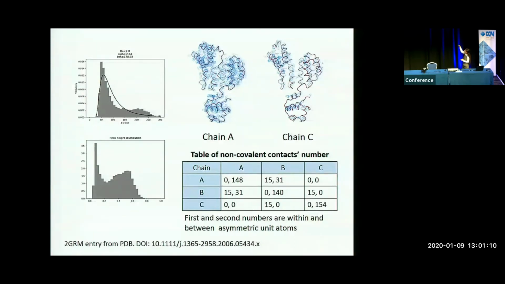The part of the B-value distribution which forms the second mode corresponds to the atomic B-values of the C chain, and you can also see that the electron density is weaker here.